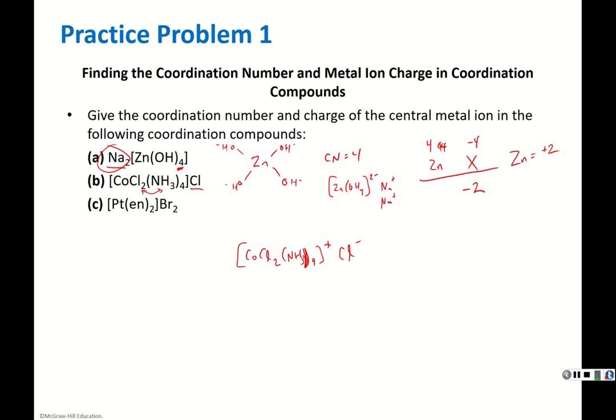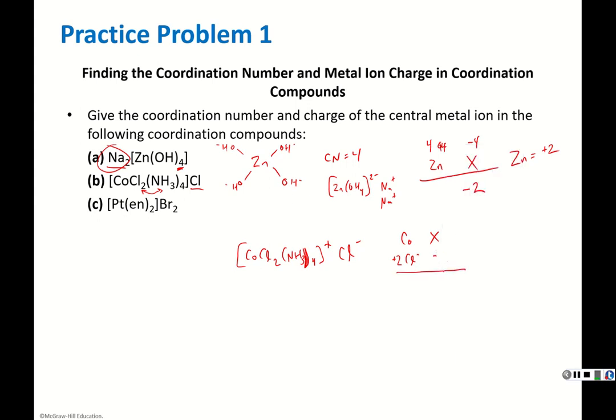So the cobalt, we don't know the charge, we'll call that X, plus our 2 chlorides, which are -1 each, so a total of -2.